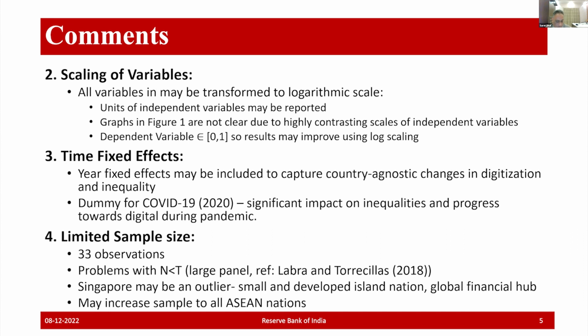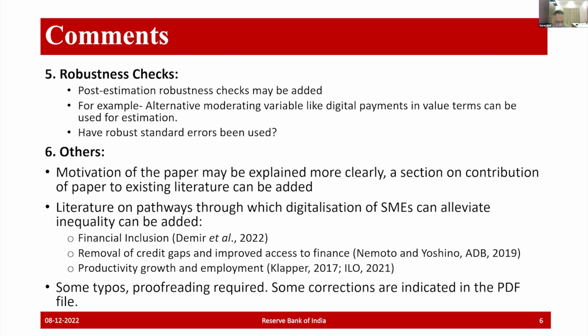There are a lot of robustness checks I have highlighted, and the motivation of the paper should be hypothesis based and clear. It cannot be very generic, and the conclusions need to derive from your analytical insights rather than being generalized.